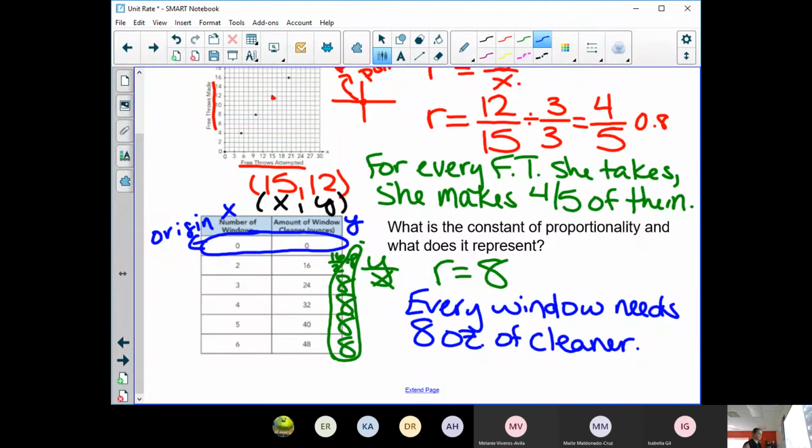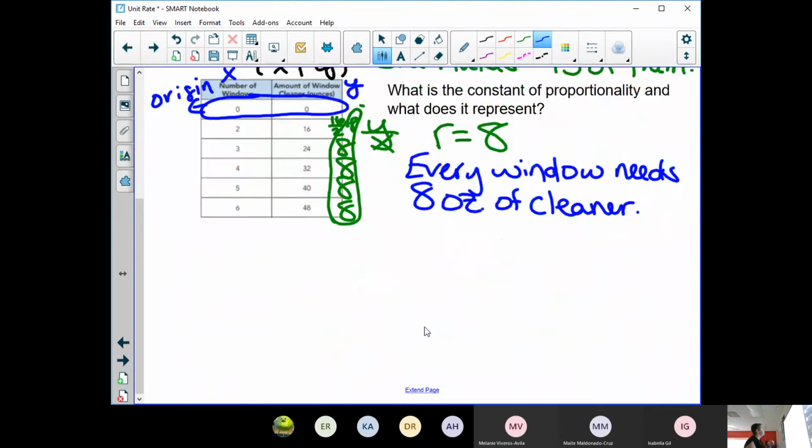And that is correct, because all we have to do is take our ounces of cleaner times the number of windows to figure out how much altogether. Which leads me to the next thing that you did. So you also learned how to take this number, this R that you find, and write it into an equation.